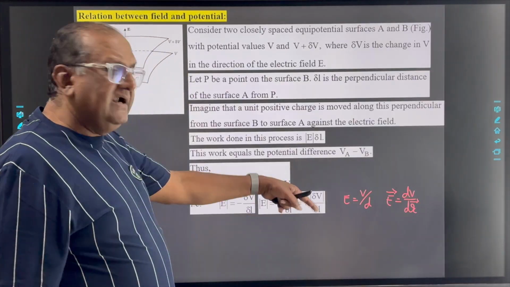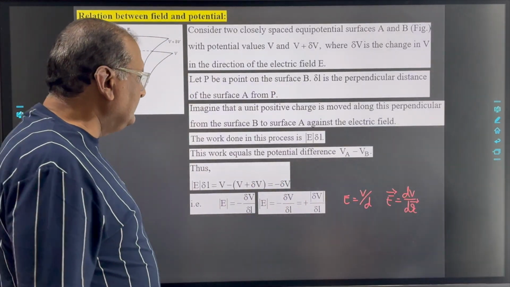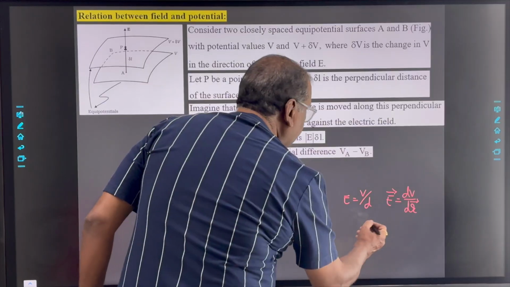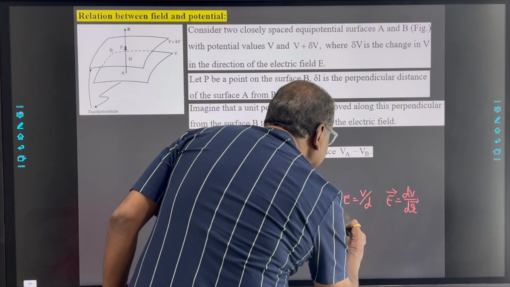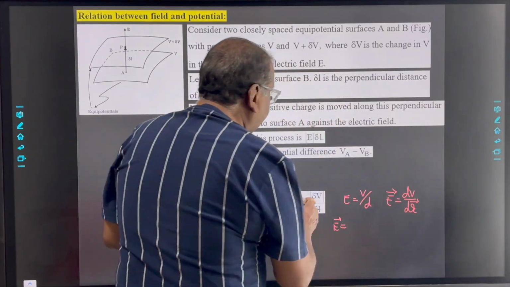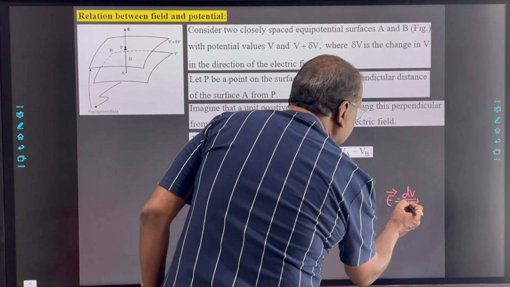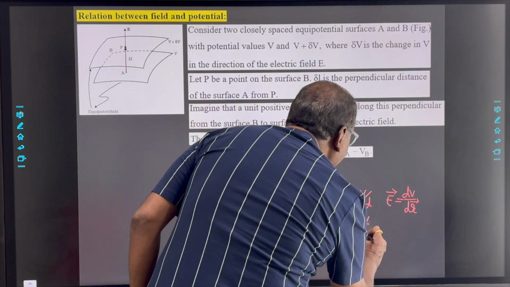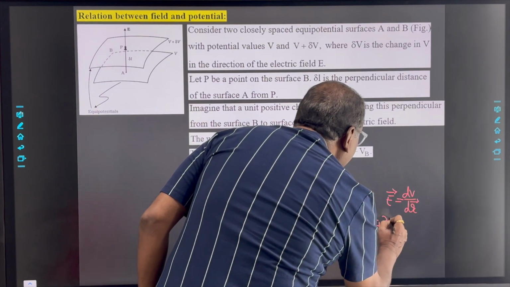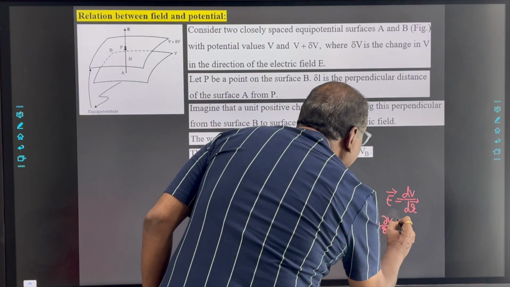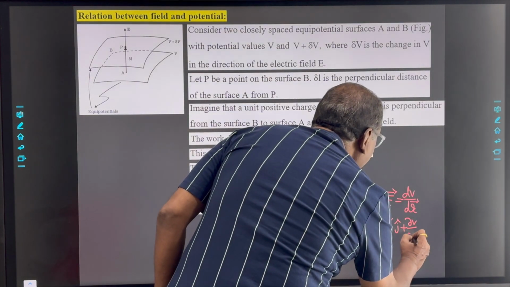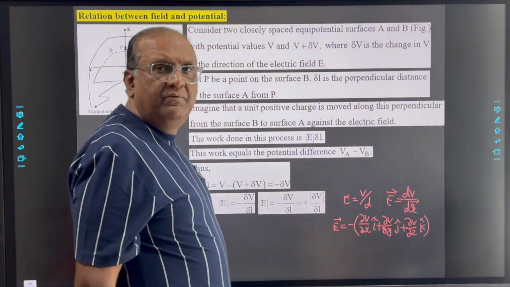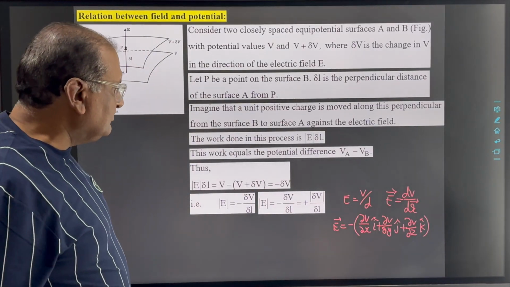That we will discuss later, what partial differentiation is and how it is carried out. So here we can write this equation as E equal to, in vector form, with the negative sign also: minus (del V by del x i cap plus del V by del y j cap plus del V by del z k cap). Okay, and this is the partial derivative. Clear? Later on we will discuss how this is carried out.